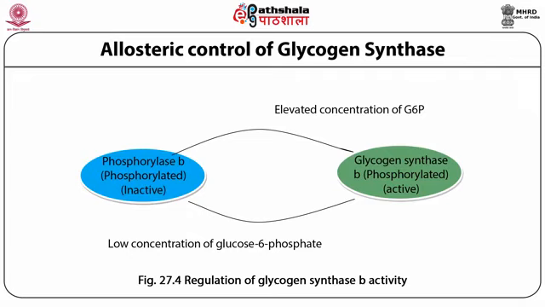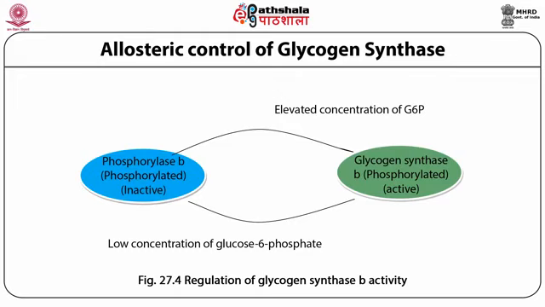A high concentration of glucose 6-phosphate activates glycogen synthase B. Glucose 6-phosphate concentration is low during muscle contraction. Therefore, the activity of glycogen synthase B is inhibited.